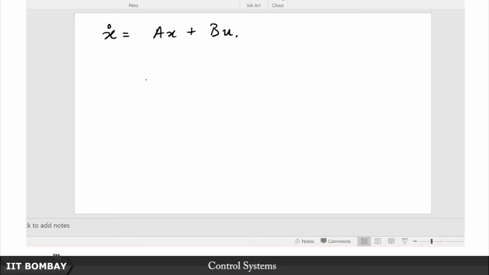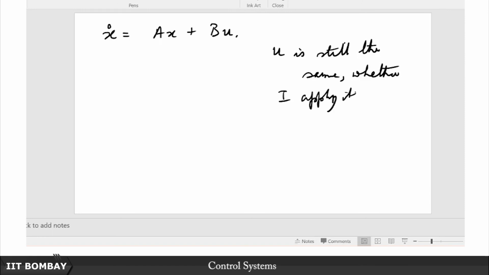Note that the u is still the same, whether I apply it to A, B, C, my actual realization, or to Ac, Bc, Cc, the phase variable canonical form or controller canonical form.